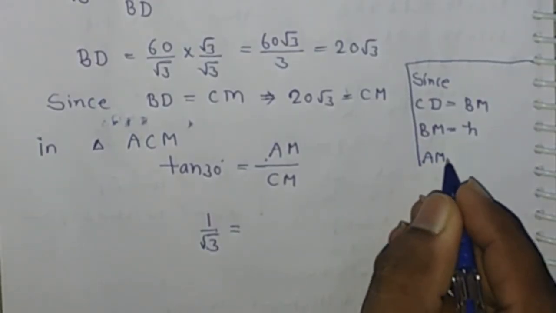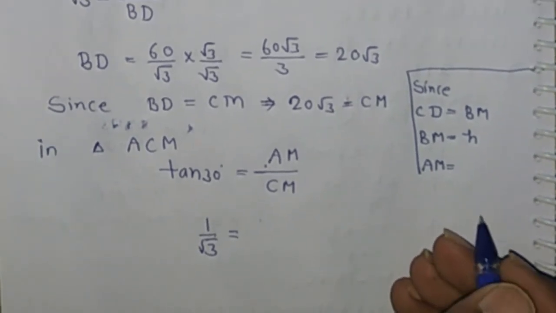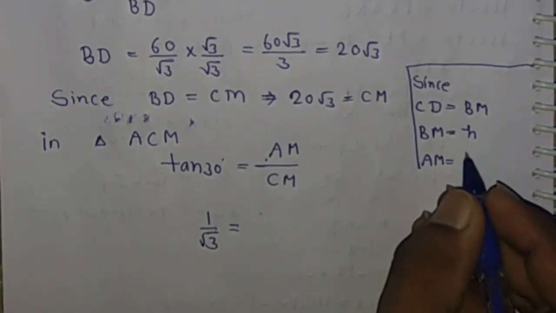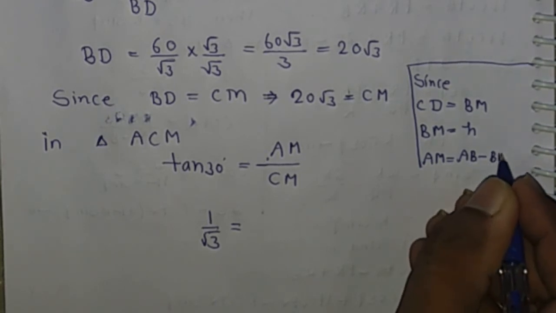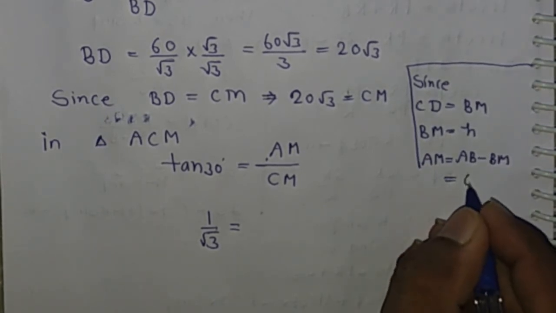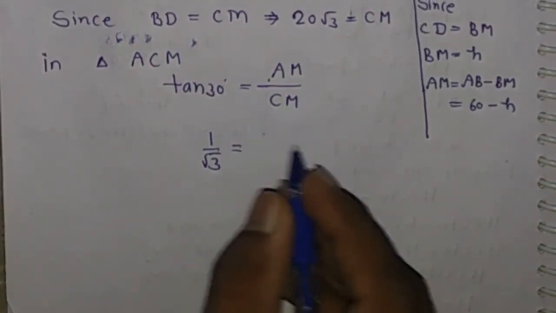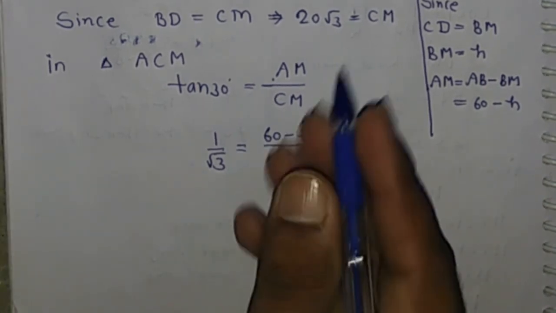AM is equal to AB minus BM. Value of AB is 60 minus BM is small h. So AM is 60 minus small h and CM.